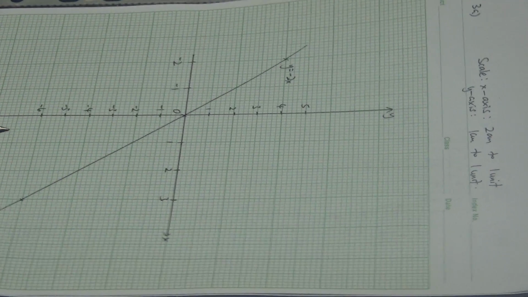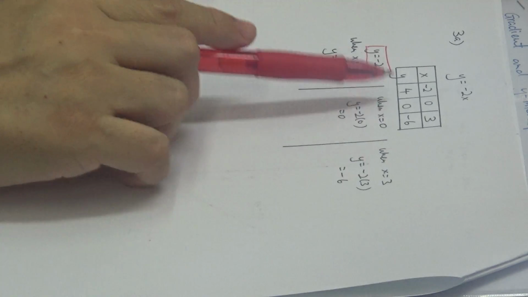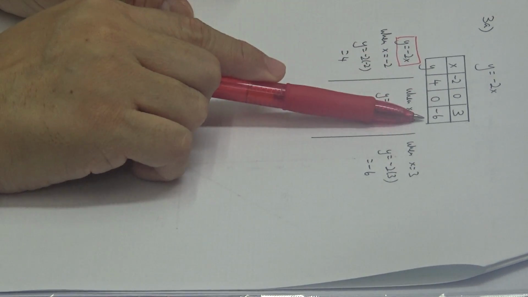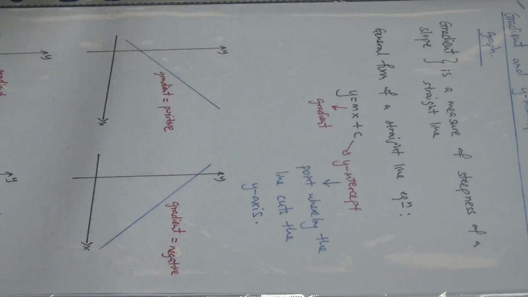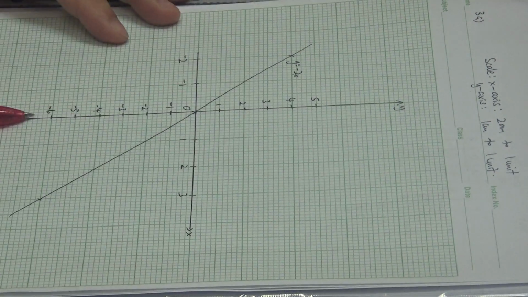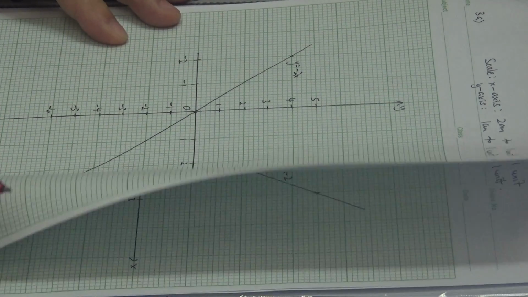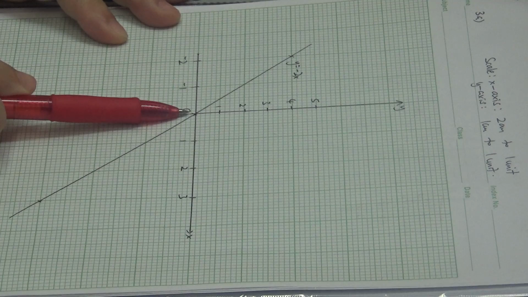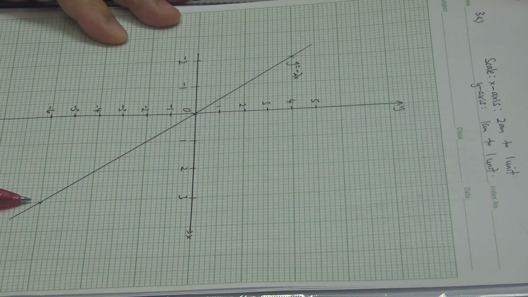If you look at the table that you have, the x is from -2 to 3 and the y is from 4 to -6. So I must make sure that my axis has got all of them, and I plot in the first point, (-2, 4), (0, 0) and (3, -6).